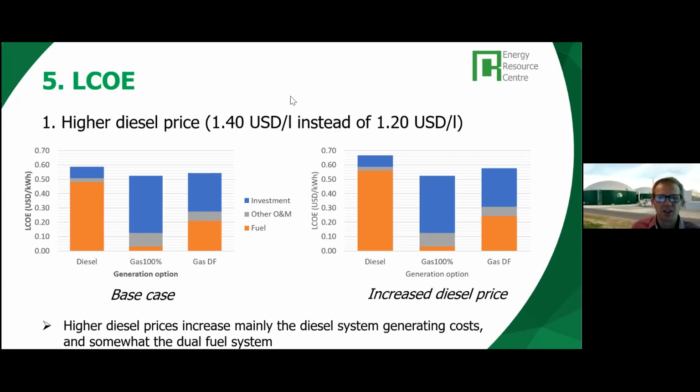So we get a lower levelized cost of production for the gasifier case? Or does the levelized cost of the dual fuel case increase? So we have two options with cost increases, the diesel and the dual fuel. And we have one option for a cost decrease due to an increase in the number of operating hours.